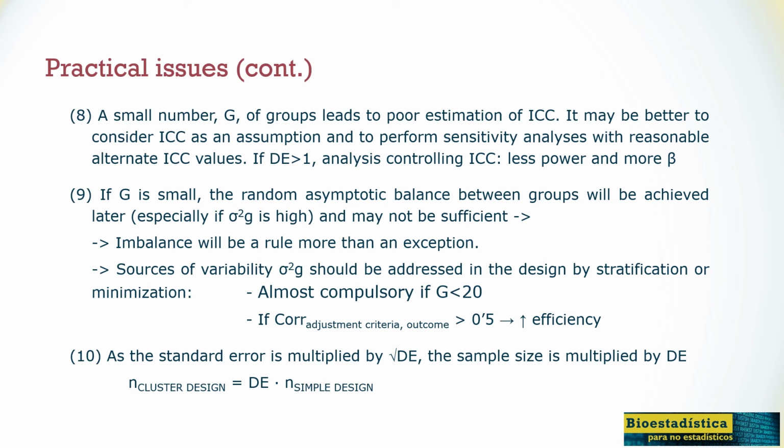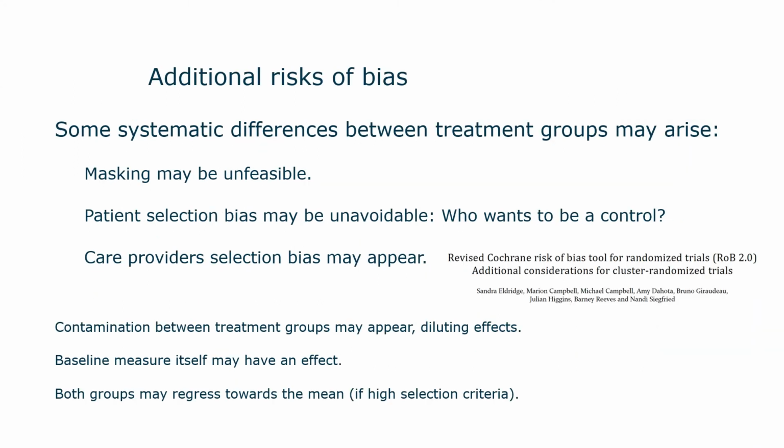If the number of G groups is small, for example 20, it is not appropriate to rely on the balance of randomization based on asymptotic results. It is better to stratify or minimize, which also increases efficiency if the correlation between the response and the adjustment criteria in randomization is 0.5 or greater.